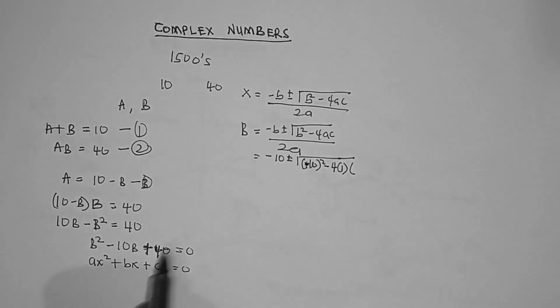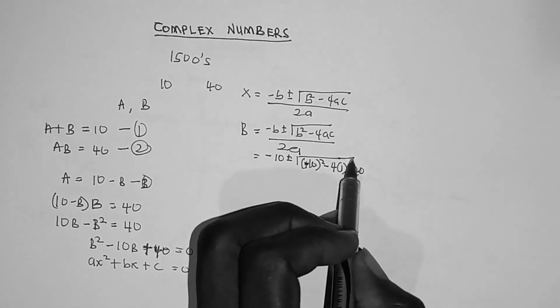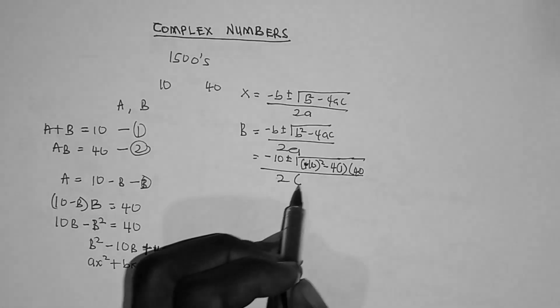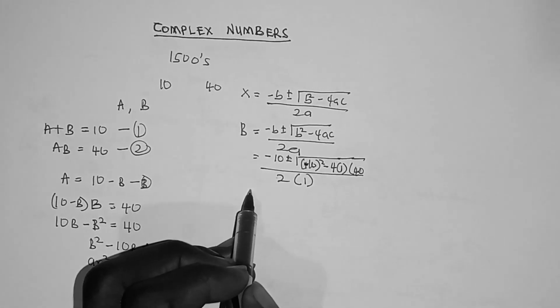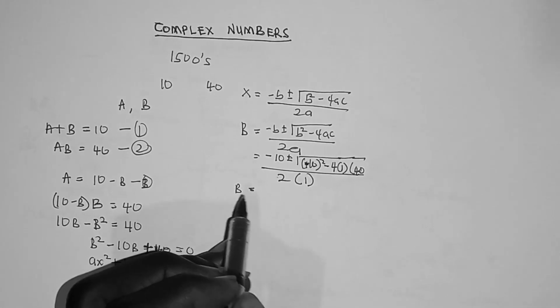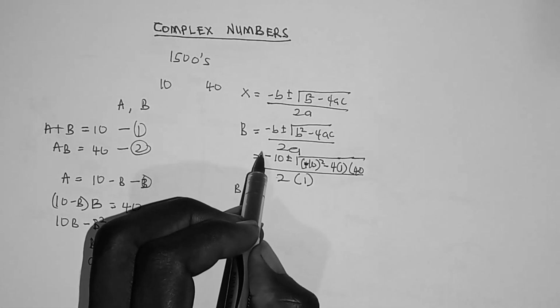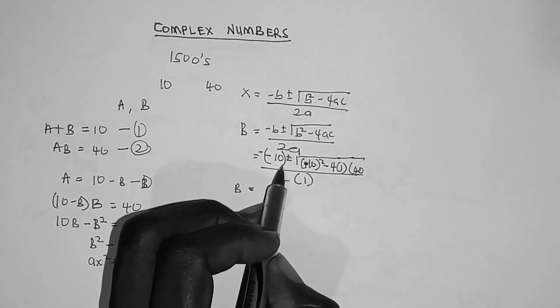Then c is 40, all divided by 2a, that is 2 times 1. So B is equal to, here is minus 10, so minus minus 10.